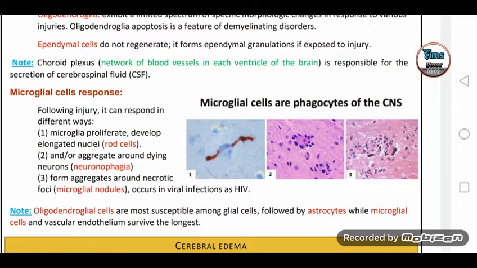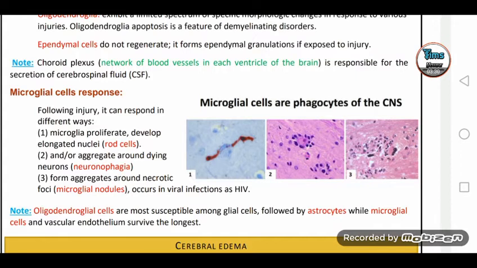This note here says that oligodendroglial cells are the most susceptible among glial cells, followed by astrocytes, while microglial cells and vascular endothelium survive the longest. So the neuron is the most susceptible among all of the central nervous system cells.